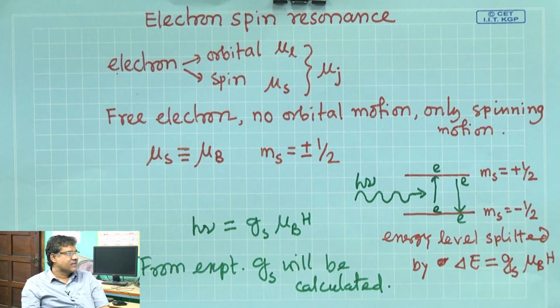What is the G s value? For a pure free electron, it is 2. This value varies under different environments. If we consider electron spin resonance in a solid, it is not a free electron.